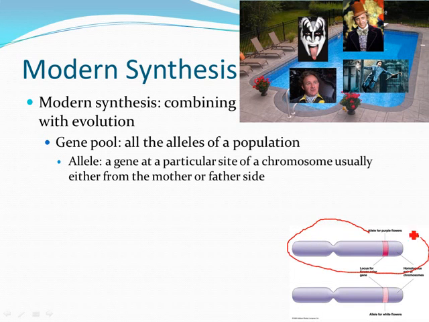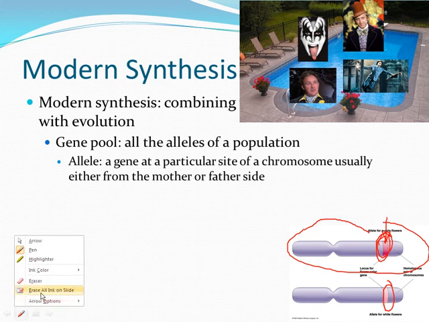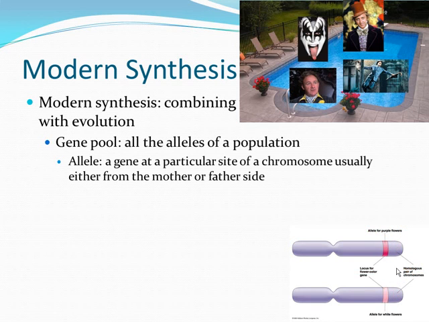A chromosome is our DNA that is condensed, and there are different sites within the chromosomes that will have a particular gene in it. Over here, as you can see, this gene is for purple flowers, and over here is for white flowers. It's showing you once again that an allele is just a location on the chromosome for a particular gene.